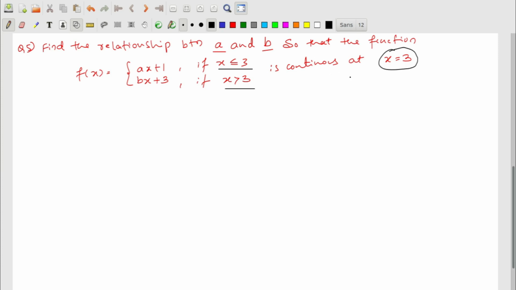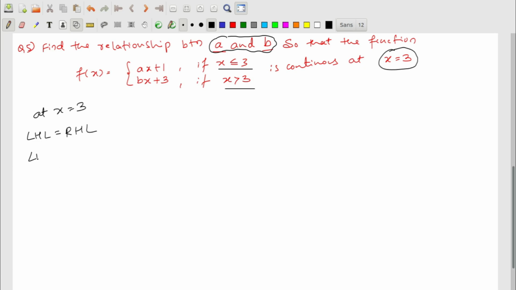So you need to find the relation between a and b. As it is continuous, you can directly take LHL is equal to RHL, right? Because the function is continuous. So now you find the LHL, RHL separately and then equate the expressions.